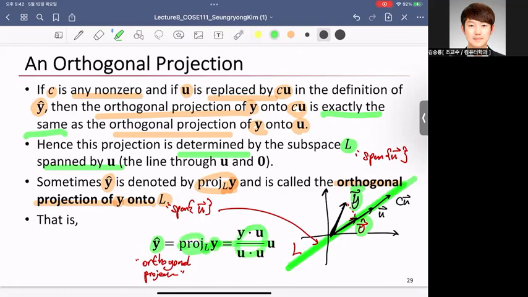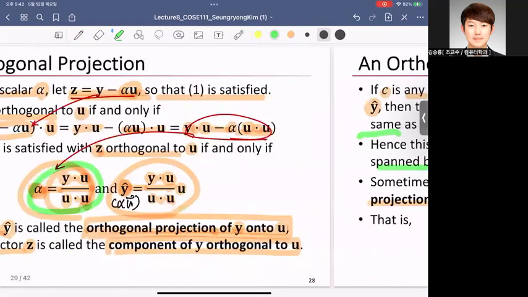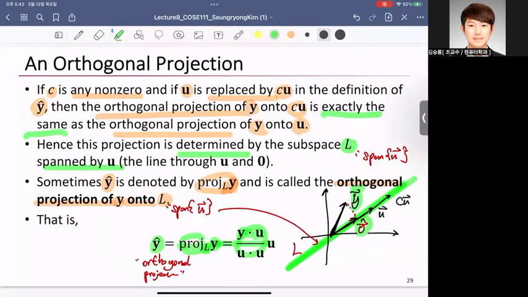Coefficient alpha defined here: y inner product u over u inner product u. Then we can find out this orthogonal projection vector. Okay.